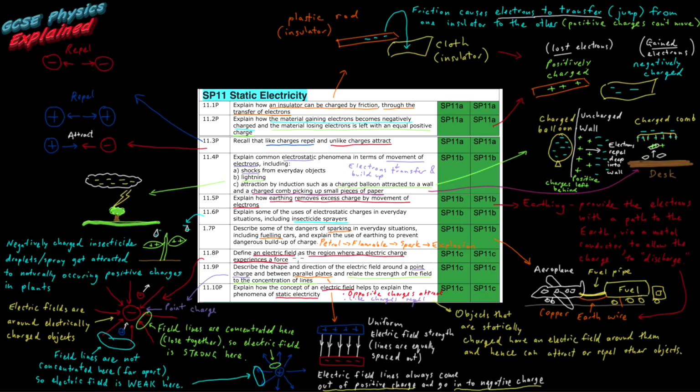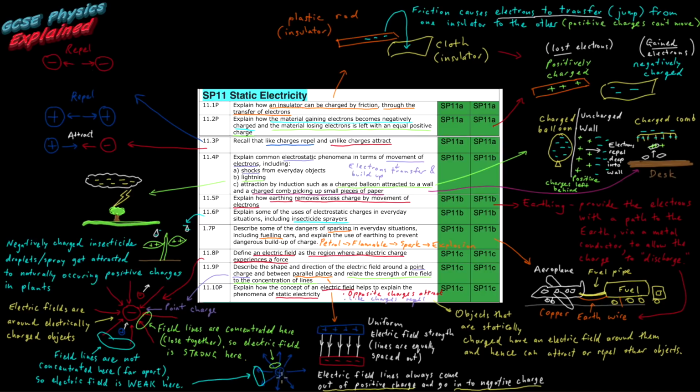Define an electric field as the region where an electric charge experiences a force. So if we've got this charged object here, this negative object, all of these red lines are that negative object's electric field. Now, do you know that for a negative object, the field goes in to the object? If it was a positive object, the field comes out.